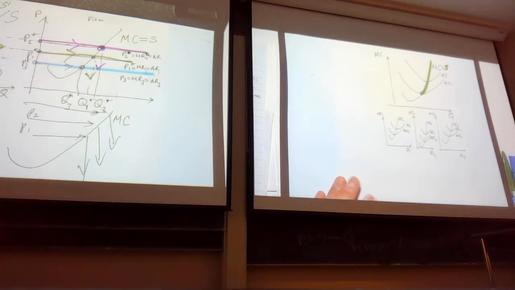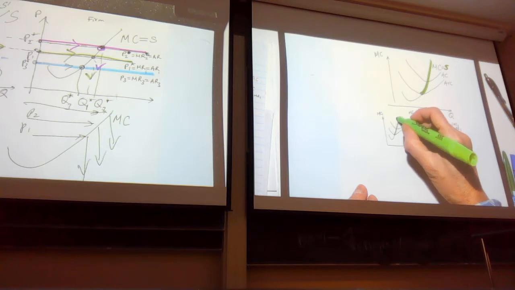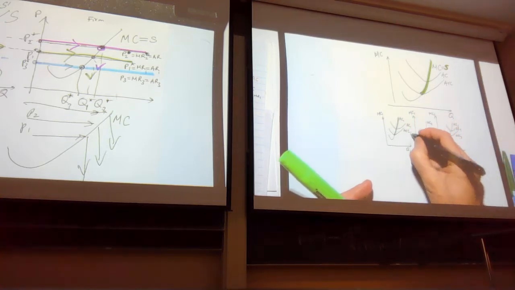So similarly, I can think about thousands of different firms, or hundreds at least, producing corn in this competitive industry. And each one of them has this cost structure. Then I can also consider the part of the marginal cost that's above the minimum of the average variable cost for each one.